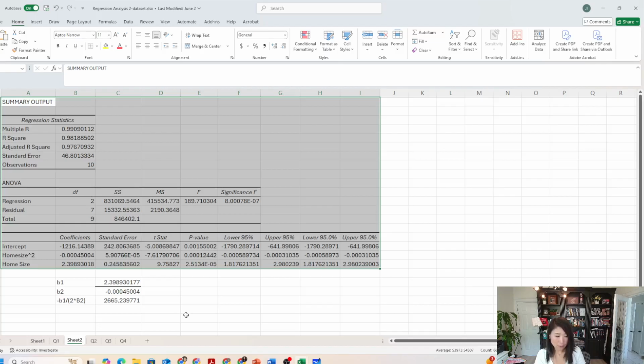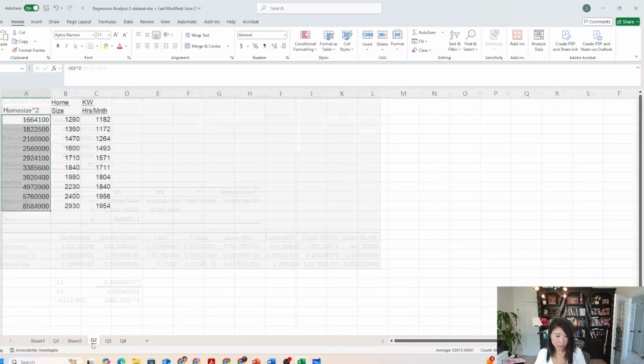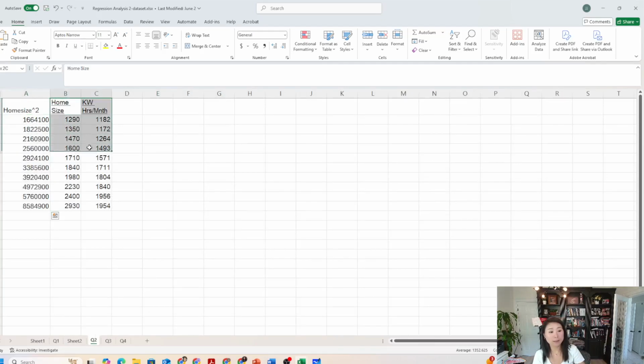Instead of answering a forecasting question, we are answering what size of home will achieve the highest electricity consumption. To answer this, I want to do a quick scatter plot for you.